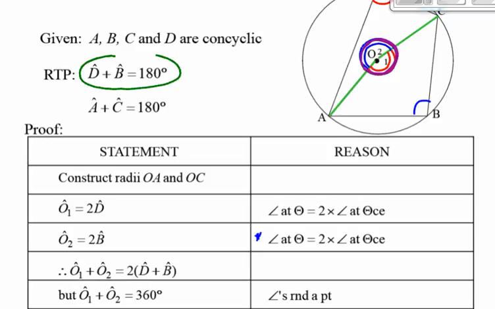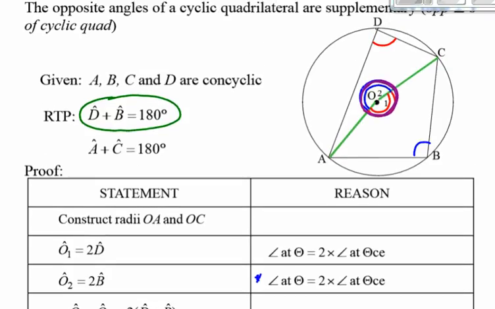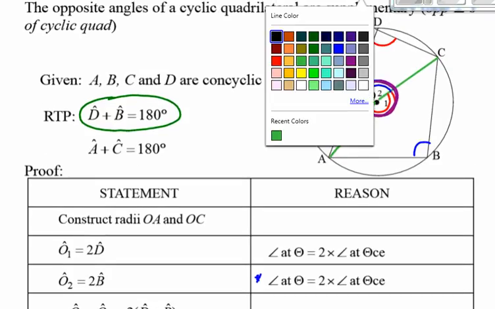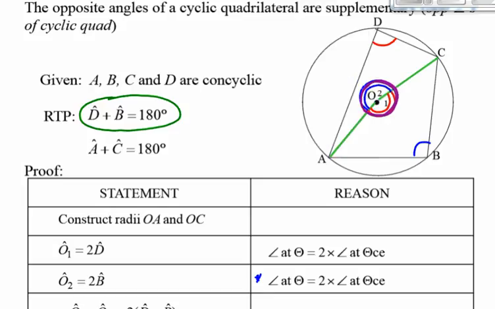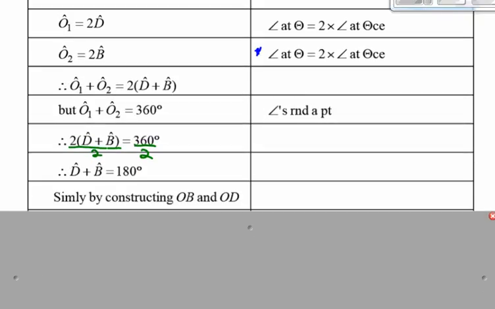Cool. Now, if we went about this whole process again, but instead of, right at the beginning, joining A to O and O to C, we joined D to O and O to B, and did the whole thing again, then we would end up with the other part of what we wanted to prove.